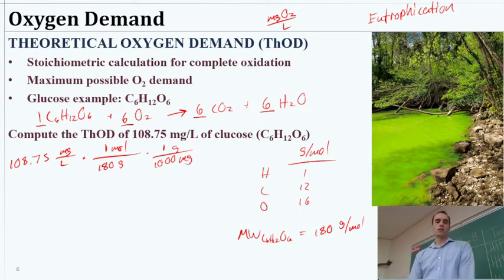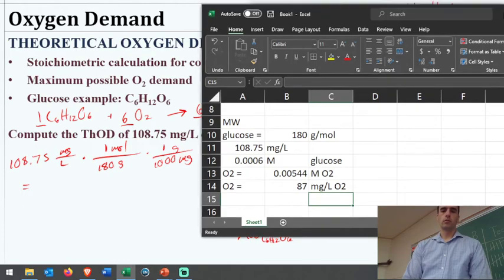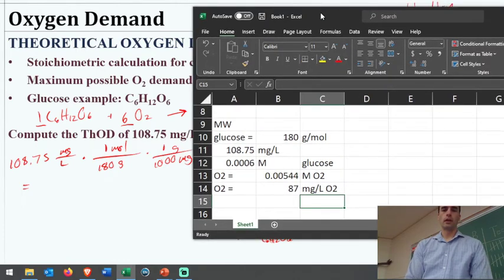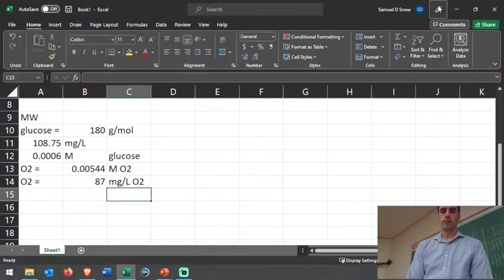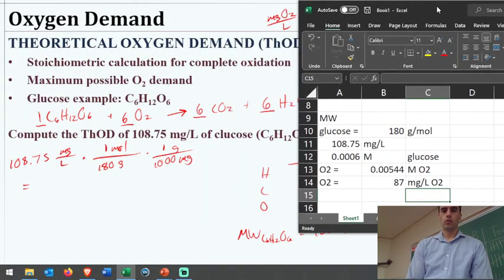Okay, so that should give us some value here. I have it in my spreadsheet. Part of the spreadsheet is wrong, so don't yell at me for having the wrong answer just yet. Oops. In fact, I'll go ahead and fix it.